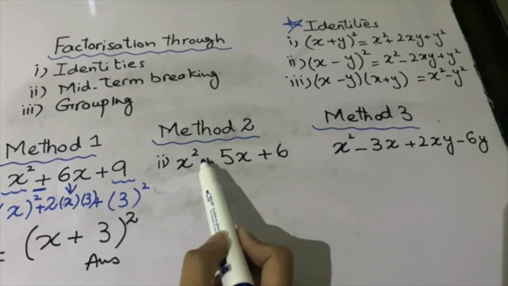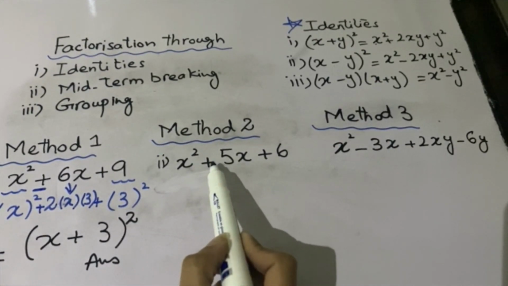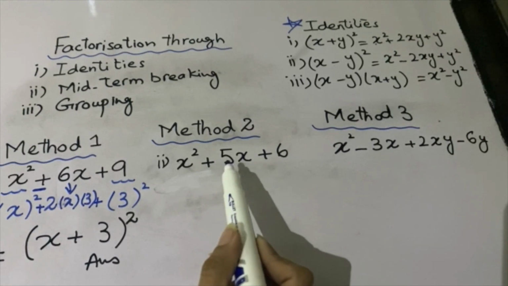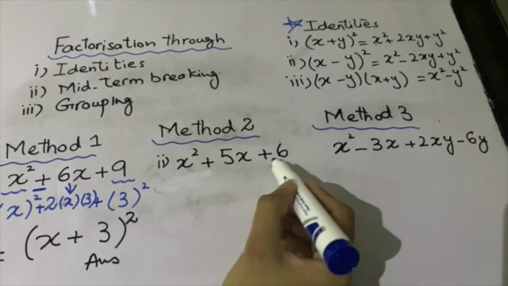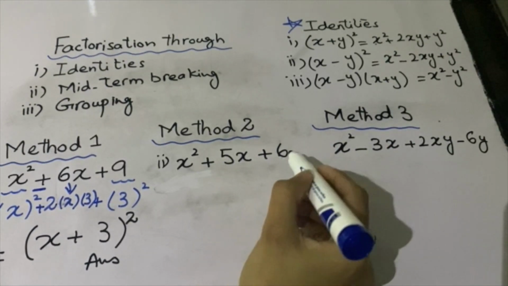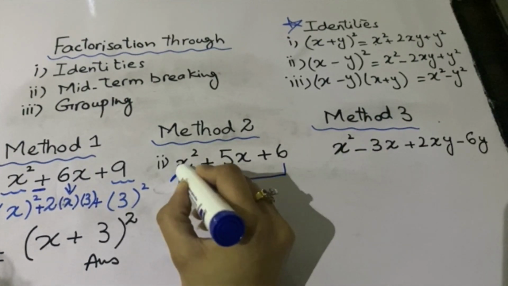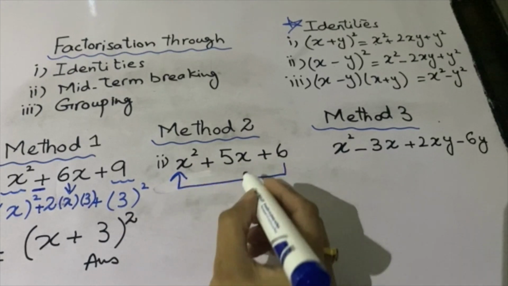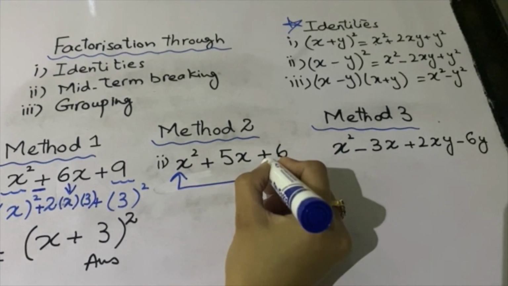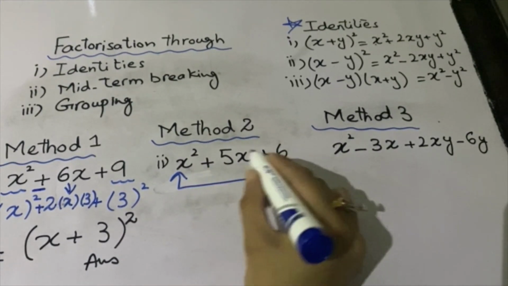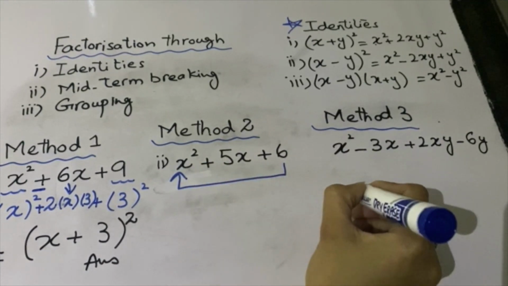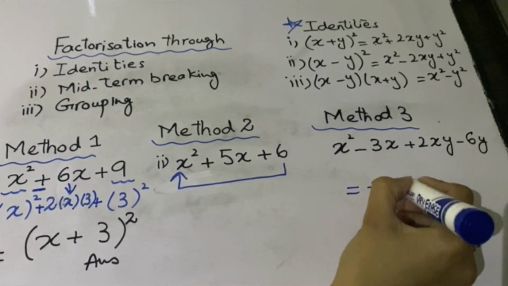So now start with the second one. We are going to start it with middle term breaking. What is the method for middle term breaking? You have to see the last term, this is 6, and the first term, this is x square. Multiply both the terms. Sign is very important here. Plus 6 multiplied by x square is plus 6x square.